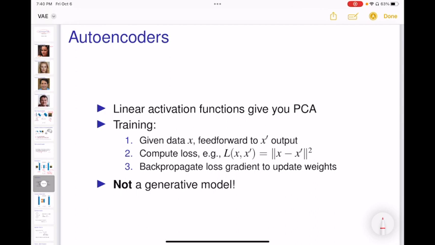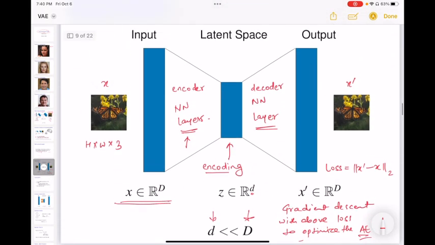So the connection here is that if you only use linear activations in these autoencoding layers, like we remove all the non-linearities and we make sure that the encoding and the decoding is done through linear transformations of the data, what will happen is that once you optimize a network like that, you will automatically recover the principal components in the latent space, right?